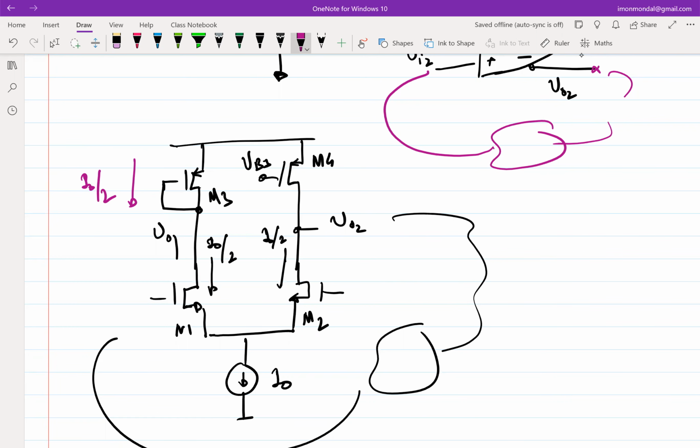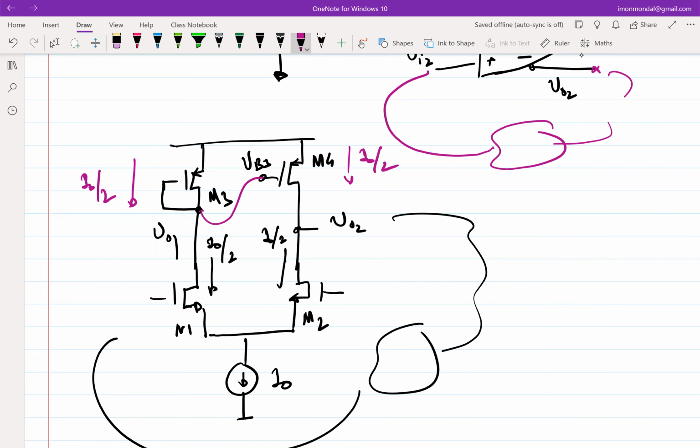I need the voltage of VB3 to be that magic voltage that sets the current of I0 by 2 through M4. Right? And what is that magic voltage? That I have already generated through M3 by diode connected M3. So I can simply connect it here. Right? So if I do this, then everything gets biased properly, assuming that there is an overall negative feedback that is setting the output voltage of V02.